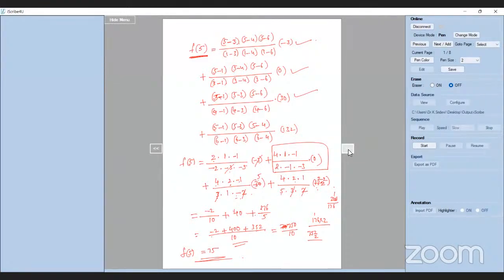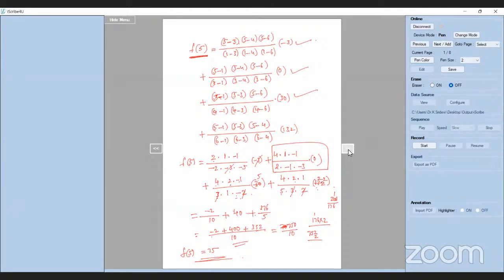Suppose in the problem the x values are not at equally spaced values, definitely you have to choose Newton's divided difference formula or Lagrange's interpolation formula. If x values are given at equally spaced values, you can choose Newton's forward difference, backward difference or central difference formulas.